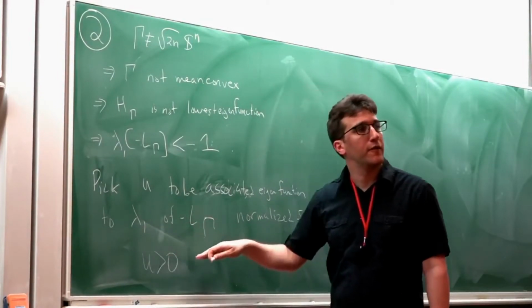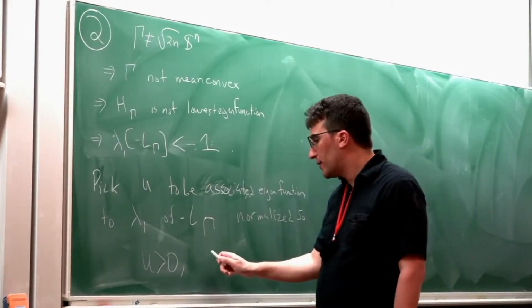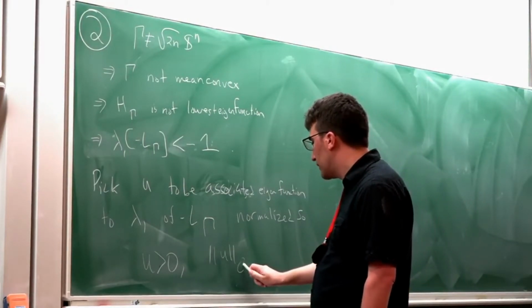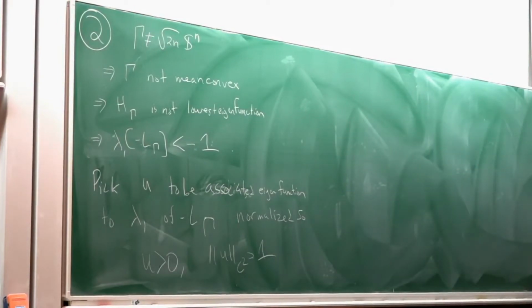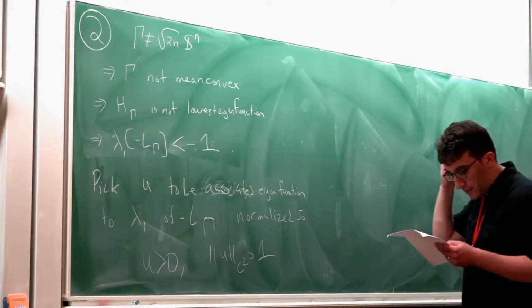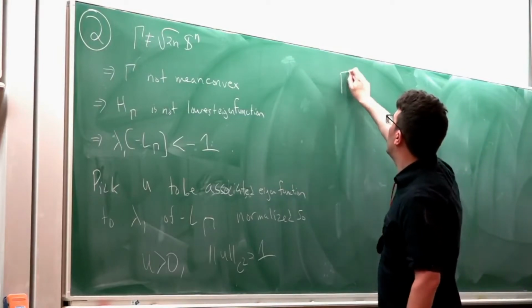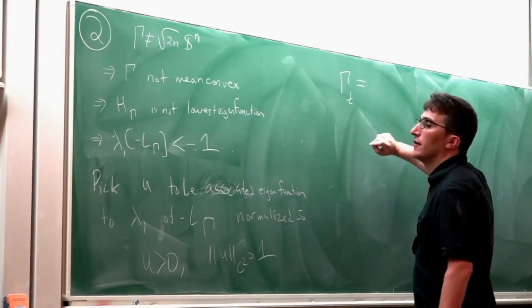Since it's the lowest eigenfunction, it doesn't change sign. And let's maybe just make the C^0 norm equal to 1, so it's non-trivial. So we have this lowest eigenfunction, and we can just deform gamma t by taking the normal graph.